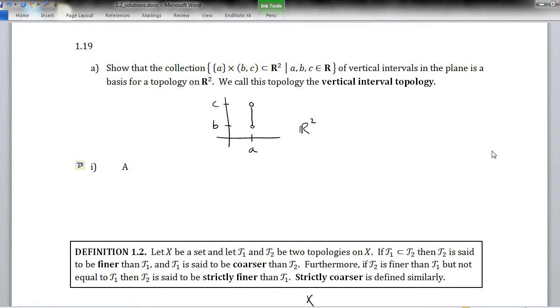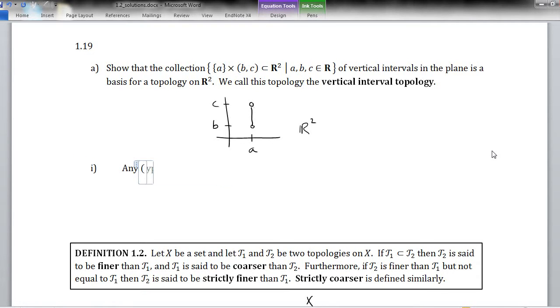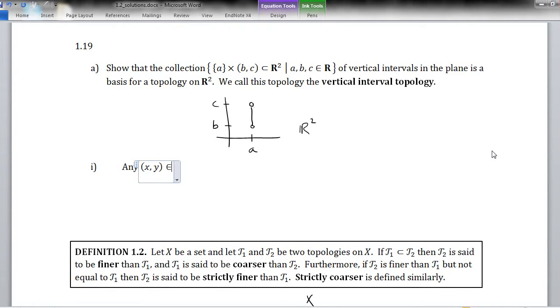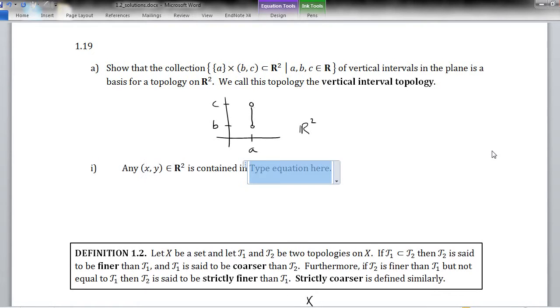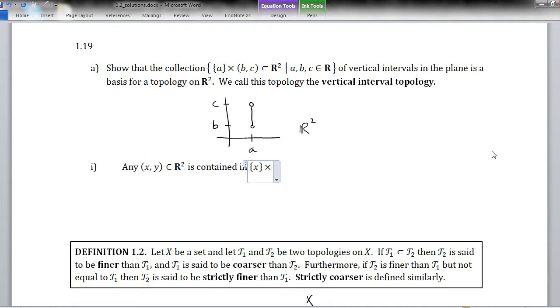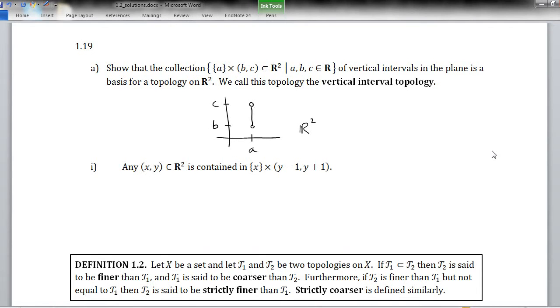For the first one, we can just say that any point xy in R2 is contained in some set from the collection, and x times, well, we need an interval containing y. How about y minus 1 to y plus 1? That'll do. So that takes care of the first property.